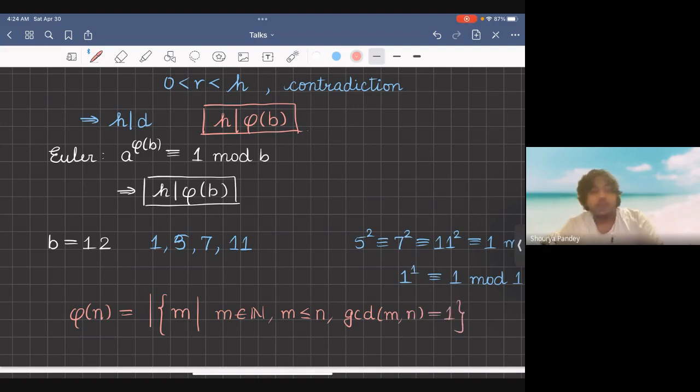Also, you can define things where you don't take 1 or you don't take n. The point is that this totient function has really good properties. Like if m and n are co-prime, then phi of mn is phi of m times phi of n, for example.